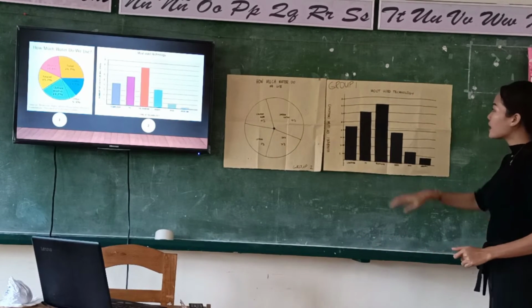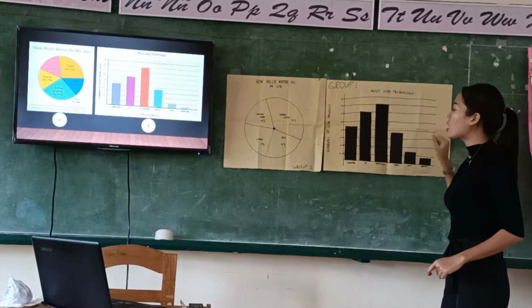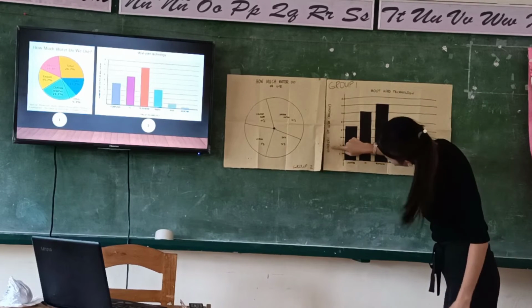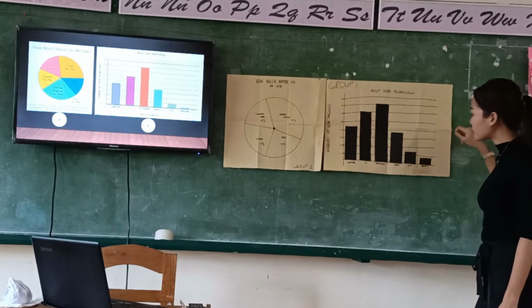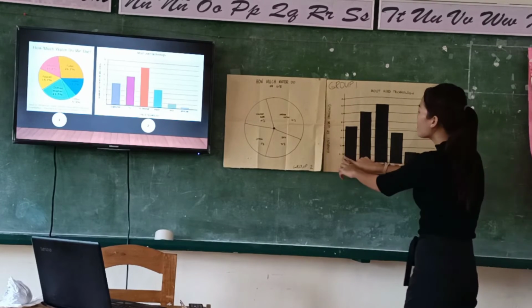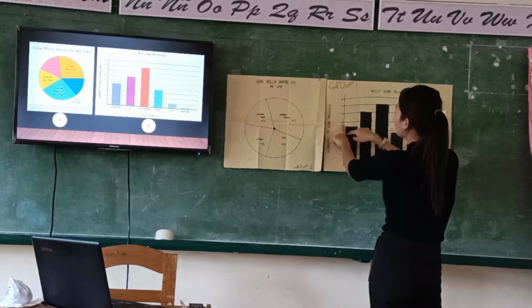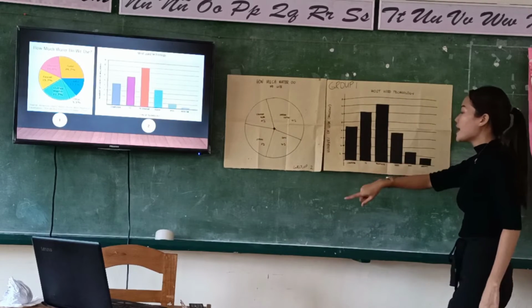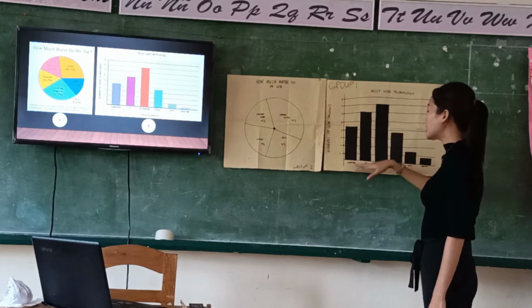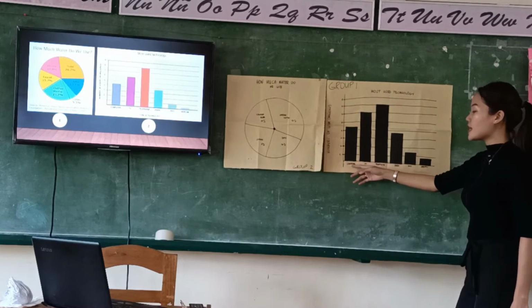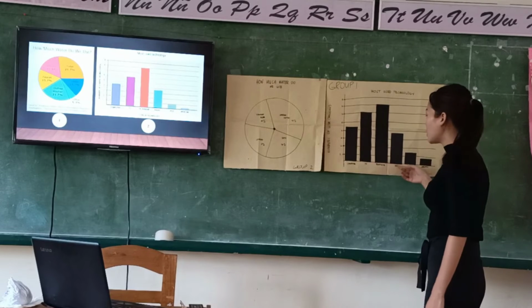Okay, so next here, group 1, we have the most used technology. So it shows here that numbers of users in the millions. And here we have the 1 million, 2, 3, 4, 5, 6, 7, 8. And that rows shows numbers in millions. And this here shows the technologies that used.